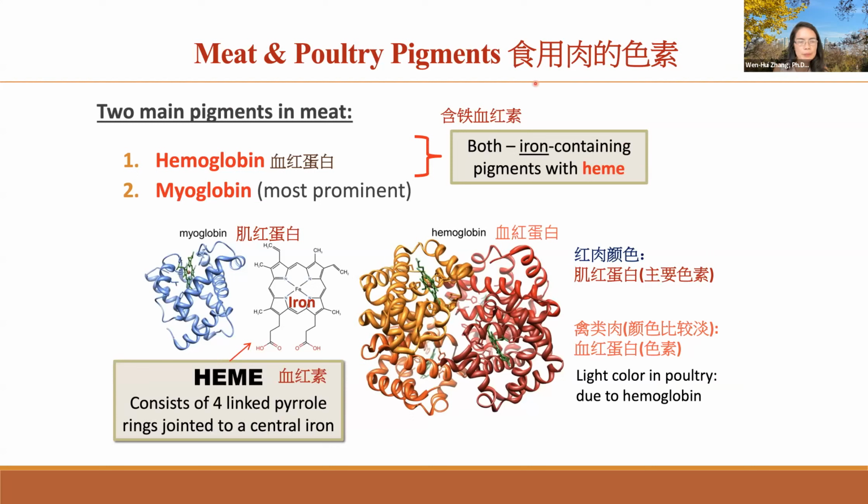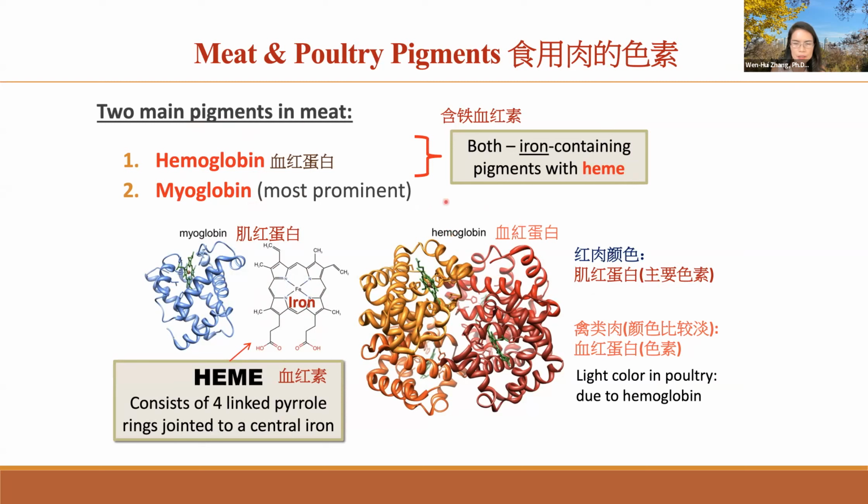So meat and poultry pigments, the two main pigments in meat are hemoglobin and myoglobin. Hemoglobin and myoglobin are both iron-containing proteins. So hemoglobin, this is myoglobin. Myoglobin carries oxygen in skeletal muscle.